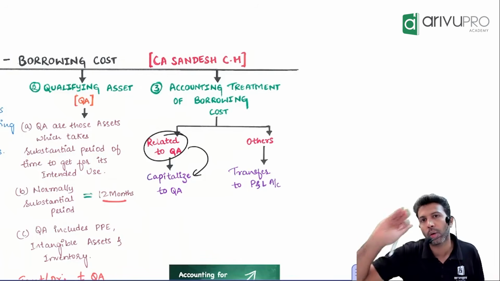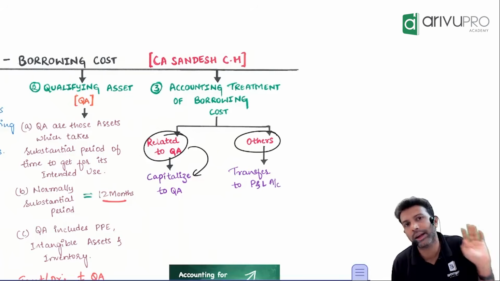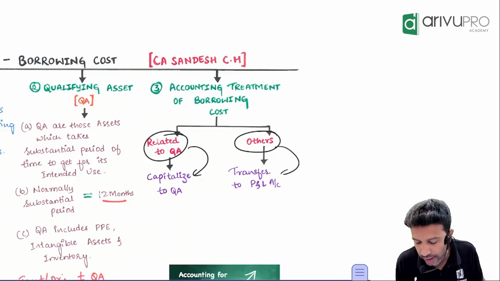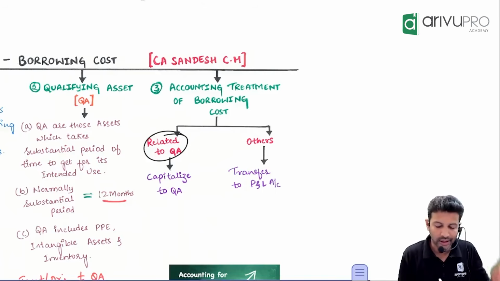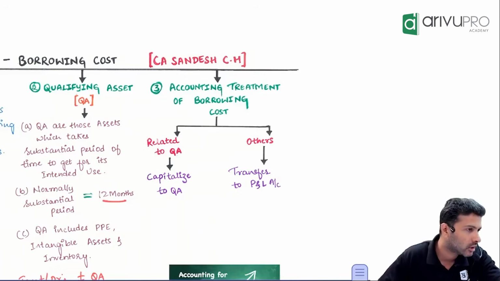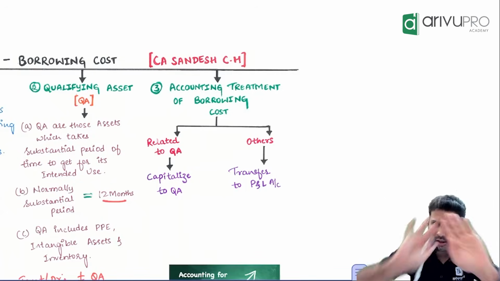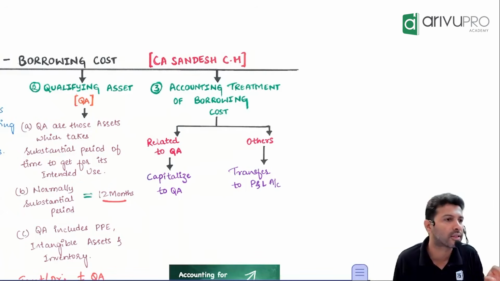If the borrowing cost is not related to a qualifying asset, then you will transfer it to P&L. So basically, qualifying asset related borrowing cost you will capitalize, other borrowing cost you will transfer to P&L. That's the overall summary of AS16.